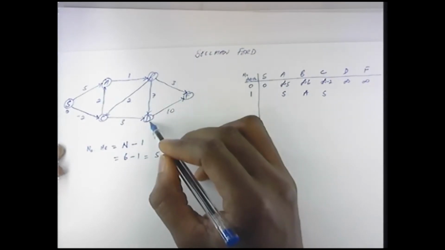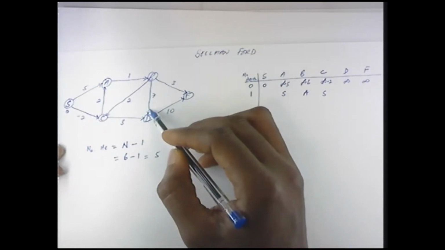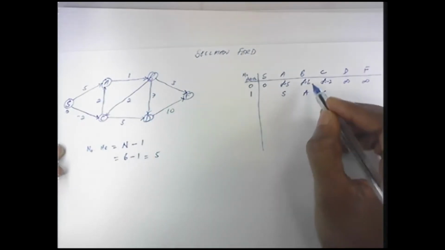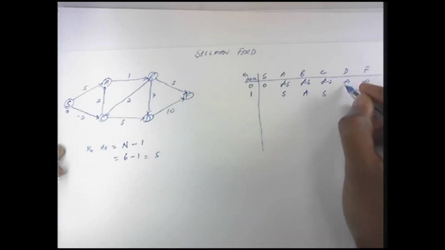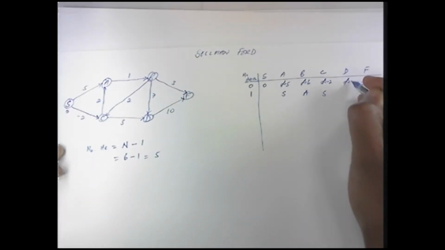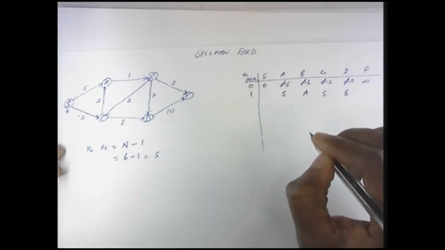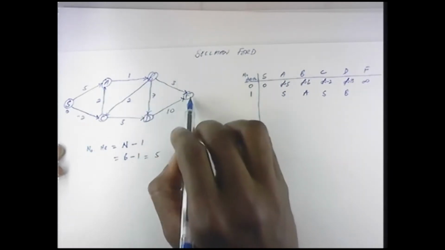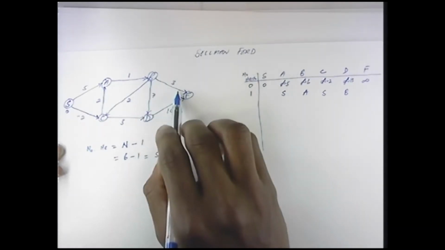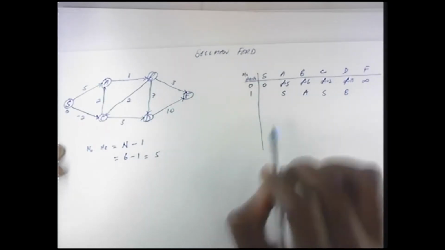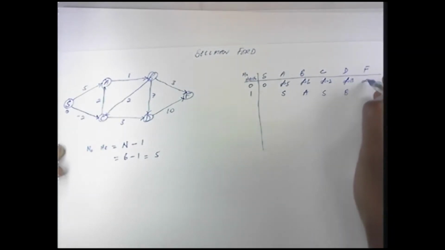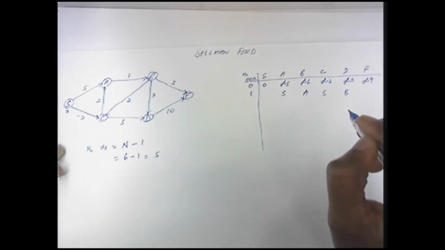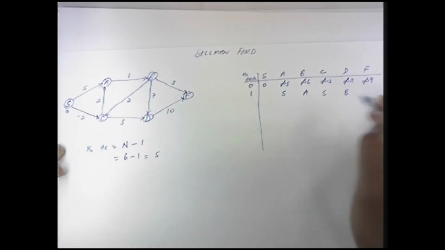Now B to D, the cost is 7. 7 plus 6 is 13. Now 13 is smaller than infinity. So I update D, cost of 13, and this is coming from B. Then B to F, the cost is 3. 3 plus 6, that gives us a 9. 9 compared to infinity, we'll take the 9. And that is coming from B.